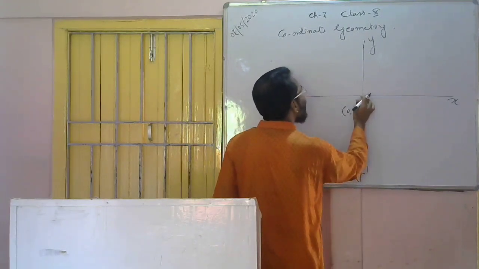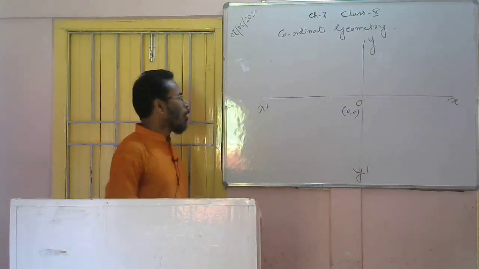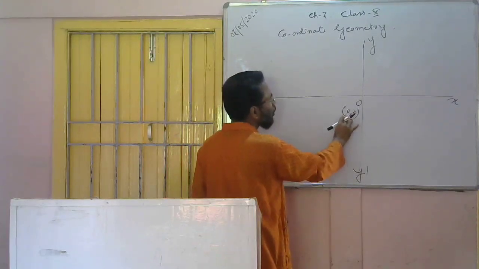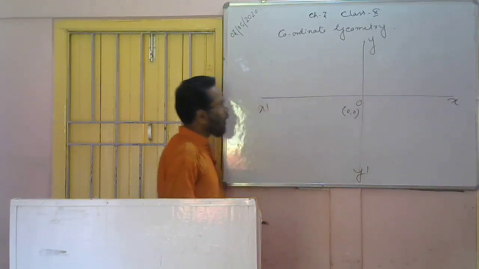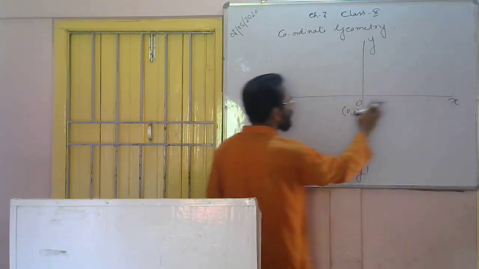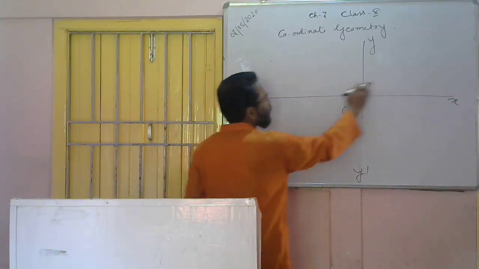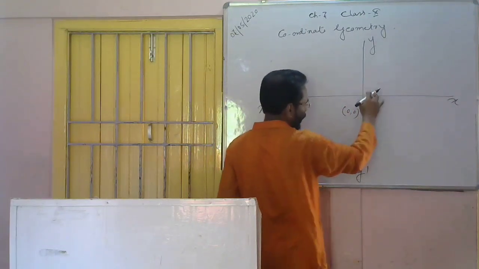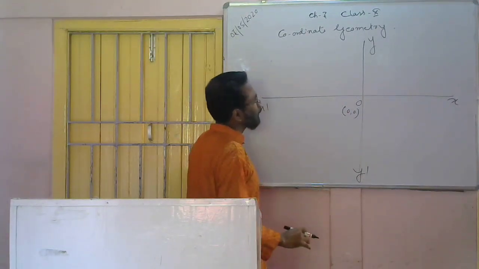Here the initial point's x coordinate is 0 and y coordinate is also 0. Starting from this, this side is positive x and this side is negative x. Upward y is positive and downward y is negative.